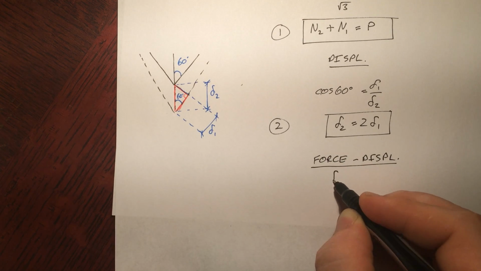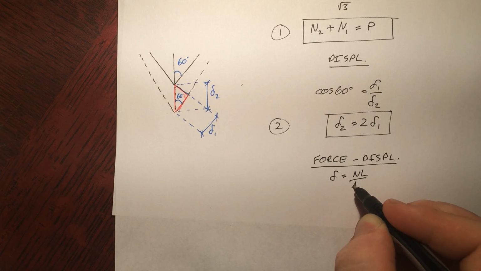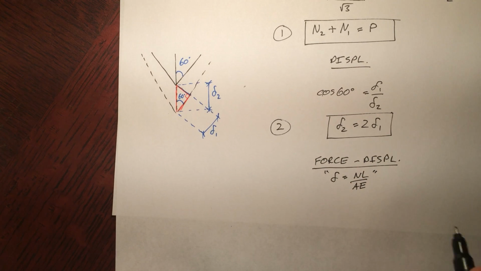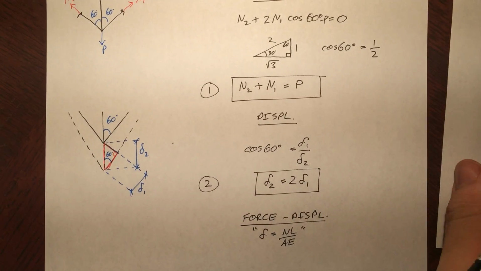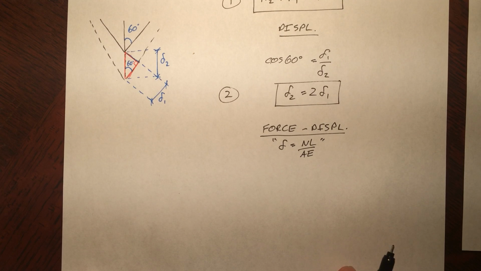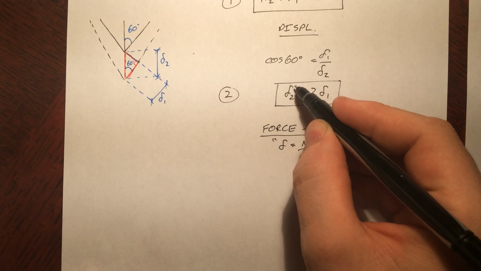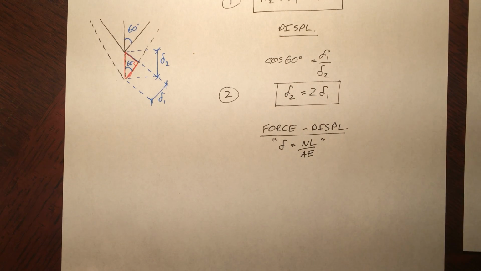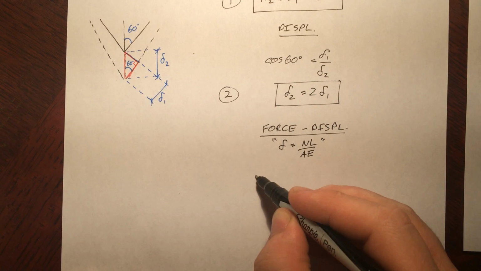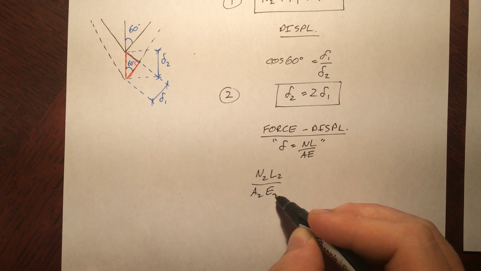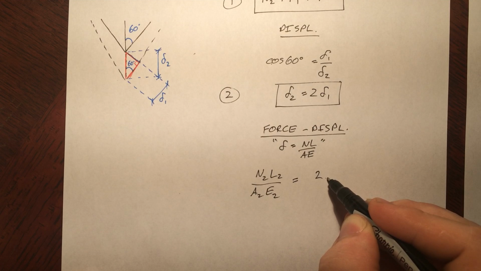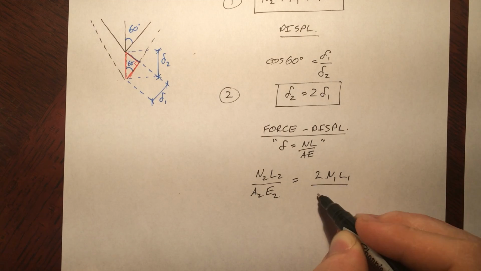Now, force displacement. And we use the equation delta is NL over AE. Get rid of this paper here. And then we can sub this in here, because the displacement of 2 is due to the properties of 2. So N2 L2 over A2 E2 is equal to 2 N1 L1 over A1 E1.